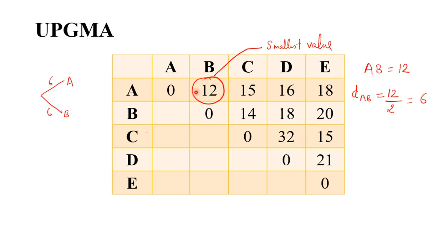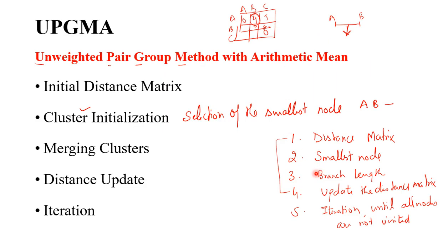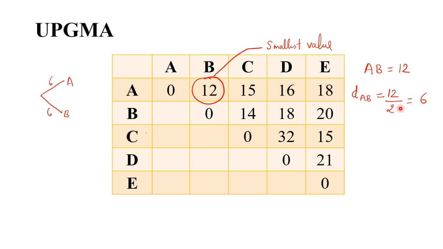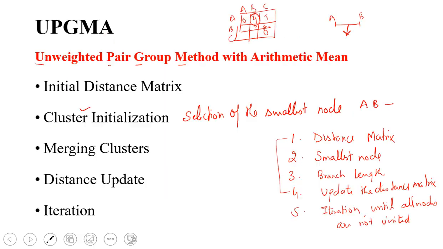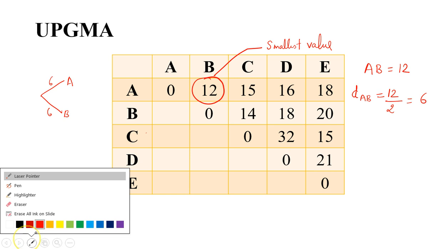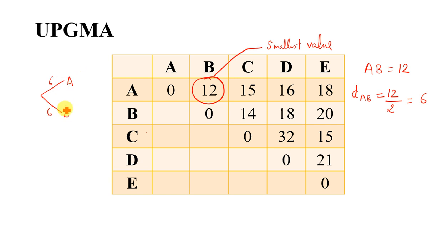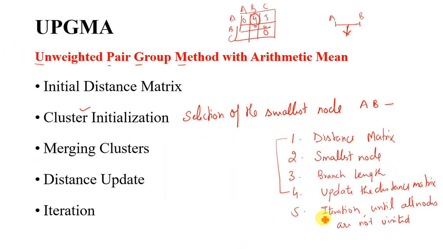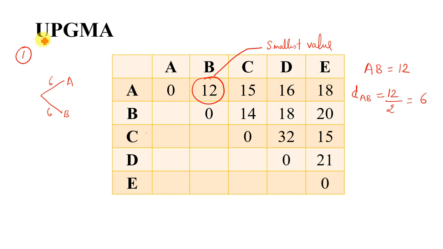I have selected the smallest node, and then calculated the branch length, 12 divided by 2 equals 6, and then we update the distance matrix. That step we have to perform. So I have constructed one small tree, that is 6 and 6. This is our first iteration, and I have done the first iteration.